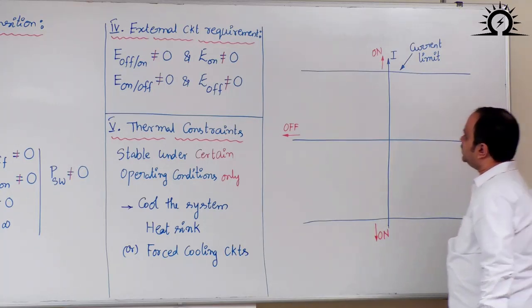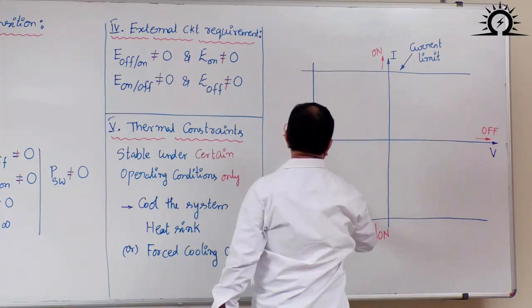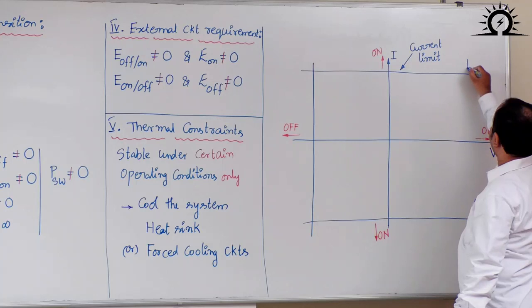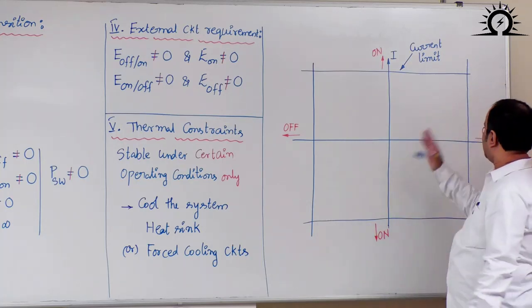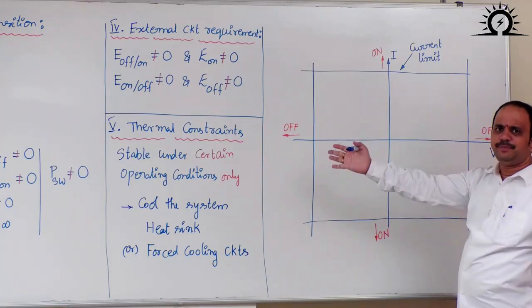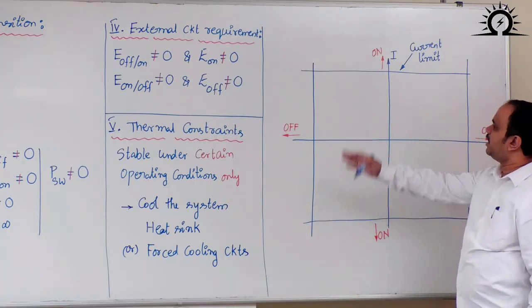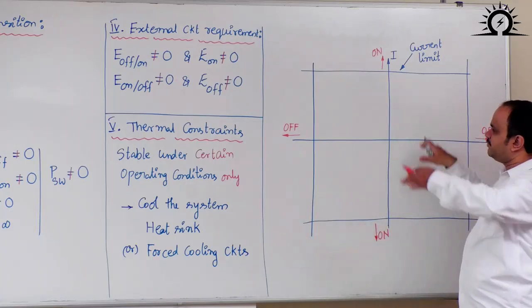In a similar way, there is a limit on voltage also, either this side or that side. It all depends on the device. A given device does not necessarily have all of these conditions, only some or different portions.